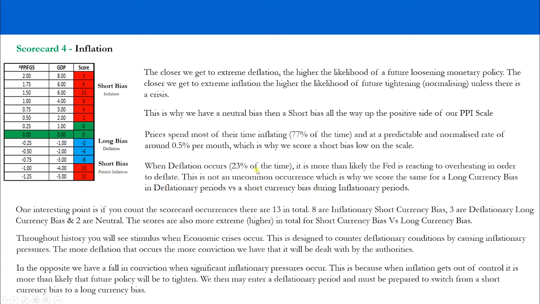And in the opposite, we have a fall in conviction when significant inflationary pressures occur. That's because when inflation gets out of control, it's more than likely that future policy will be to tighten. We then may enter a deflationary period, and we've got to be prepared as traders to switch from a short currency bias in our minds to a long currency bias.